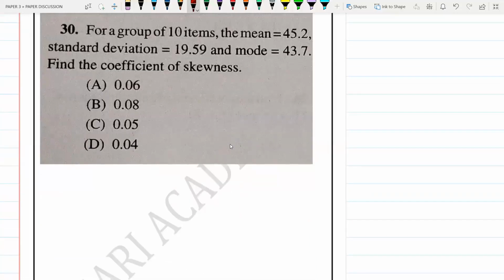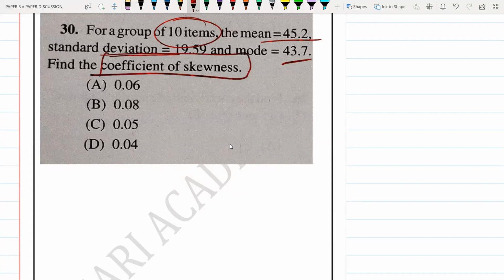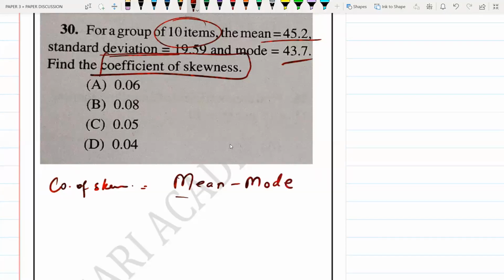Now coming to question 30. What is question 30? For a group of 10 students, mean is 45.2, standard deviation is 19.59, mode is 43.7. What is the coefficient of skewness? Whenever you come across coefficient of skewness, the easiest is mean minus mode divided by standard deviation.